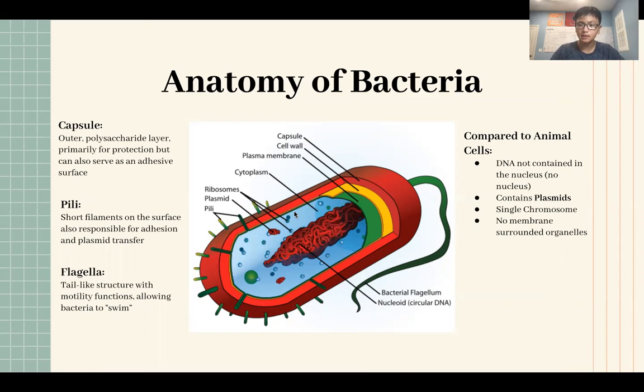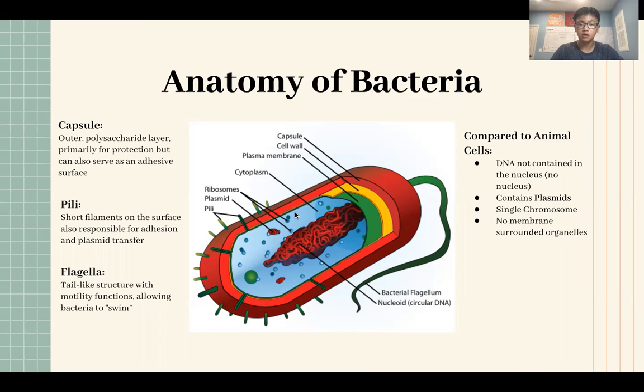But as you can see, if you look under a microscope on a cell plate, you can see bacteria moving along the surface because it's also adhesive. And then there's the pili, which are tiny filaments on the surface of the capsule. This helps with docking bacteria and helping to funnel this plasmid transfer process.